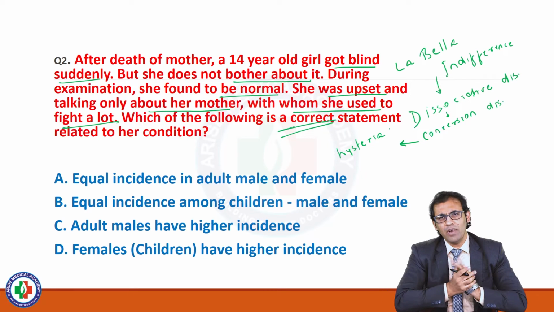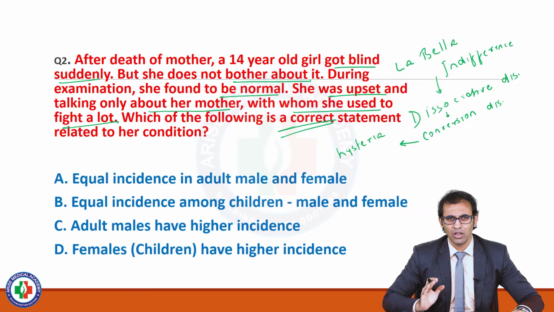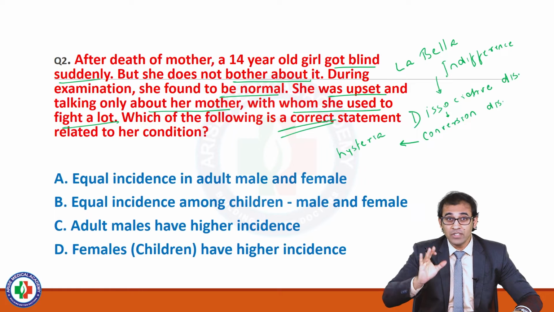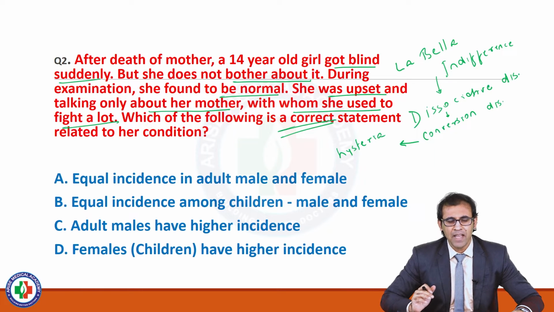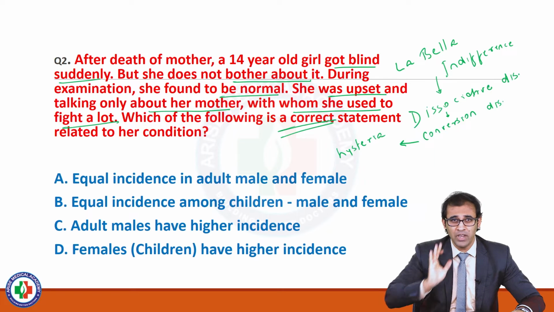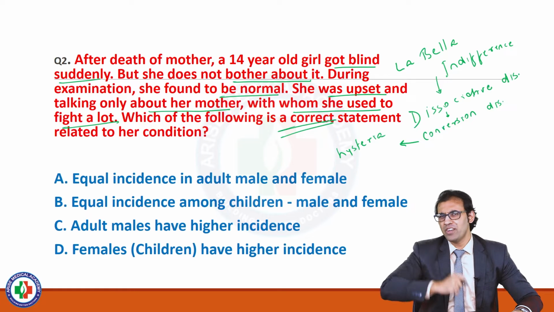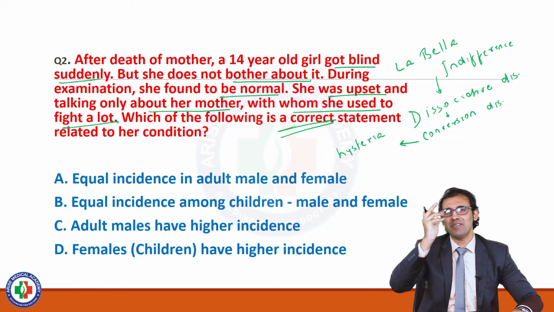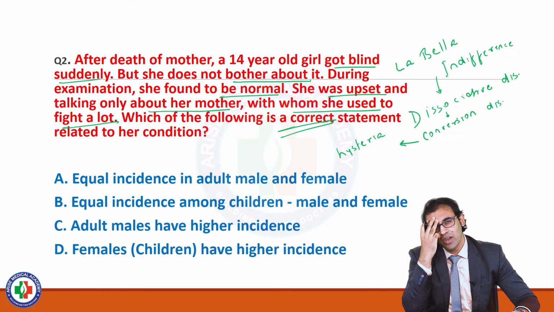So what is the meaning of la belle indifference? See, if a normal person loses eyesight in one eye, obviously he will be very much worried and as soon as possible he would like to meet an eye specialist, right? But a patient of dissociative disorder is indifferent to the result. Even after losing eyesight, she says, okay doctor, no problem at all. She will not be bothering about the blindness.